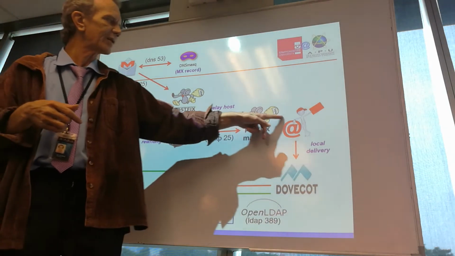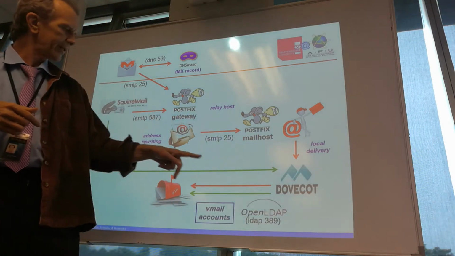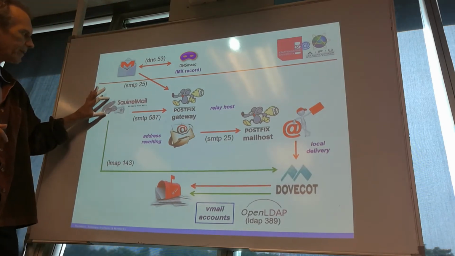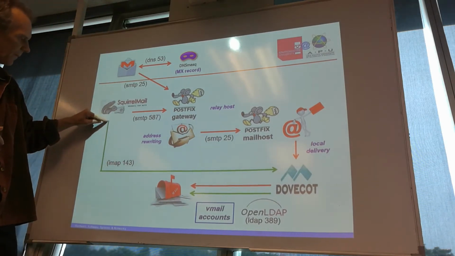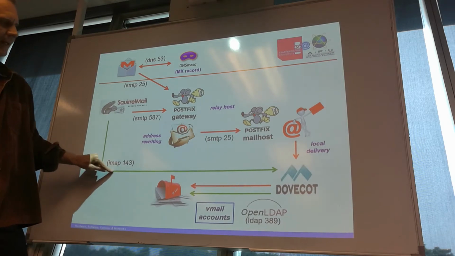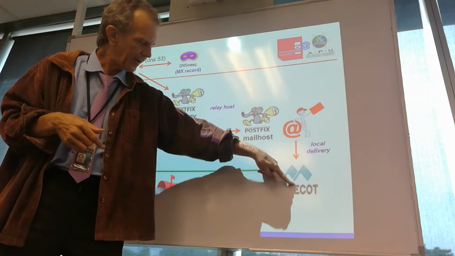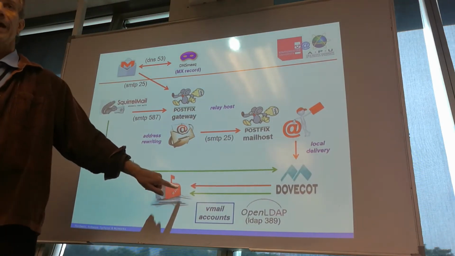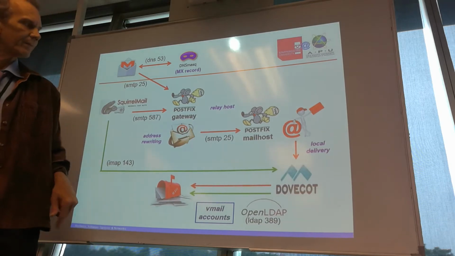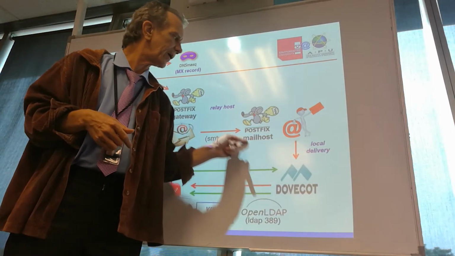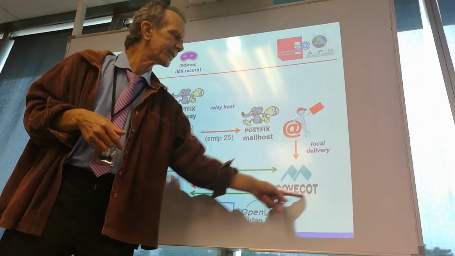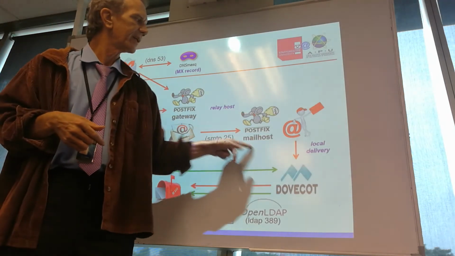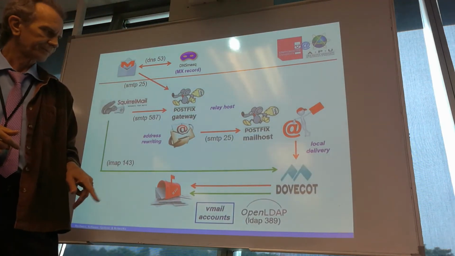So Postfix hands it across to Dovecot to put into the mailbox. Our web client also, using the IMAP port, communicates with Dovecot when we log in to access our mail that's stored here. All of the local mail is stored on the mail host. Dovecot handles the local delivery, Postfix handles the communications.